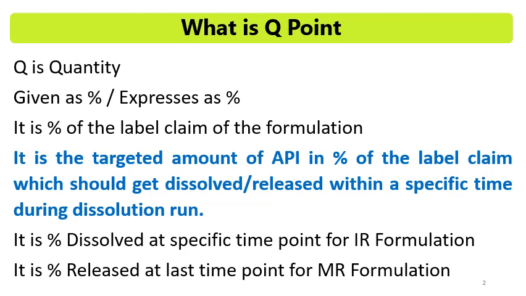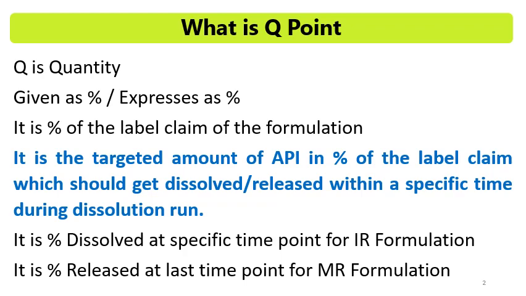Q quantity or Q point or Q percentage is the quantity of API that is getting dissolved or released into the dissolution media with the standard and specific dissolution parameters like RPM, volume, and the USP 2 apparatus, and the time point will be there.